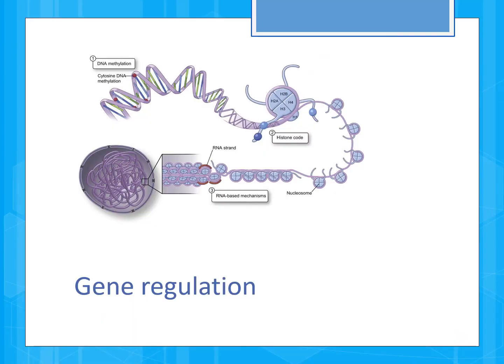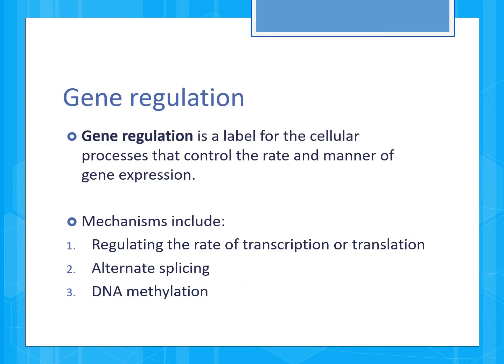Gene expression refers to the process of when the protein is made and how much of the protein is made via transcription and translation. Gene regulation is the processes that control that. It's just a general label.